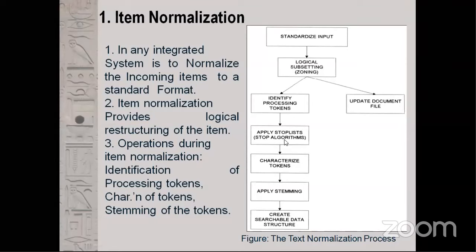Okay, suppose I'm taking other languages like Russian, Japanese, or Arabic. For these kinds of languages, you may go to another standard format called KOI 7 or KOI 8. So this kind of standard may be used here.